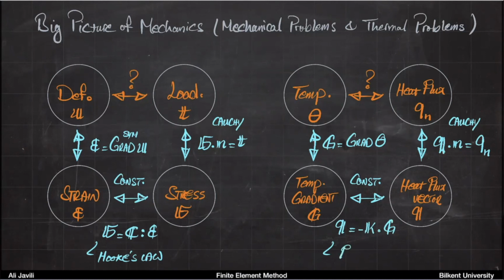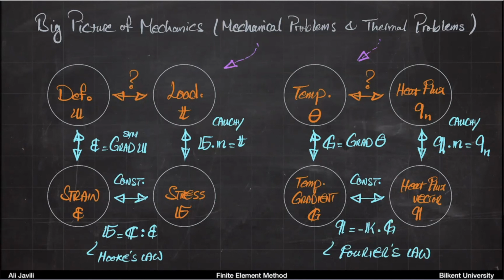On the right-hand side, you call this Fourier's law. All right? So this here is a mechanical problem, and this here is a thermal problem. But you can identify these two problems within the same framework easily, right?